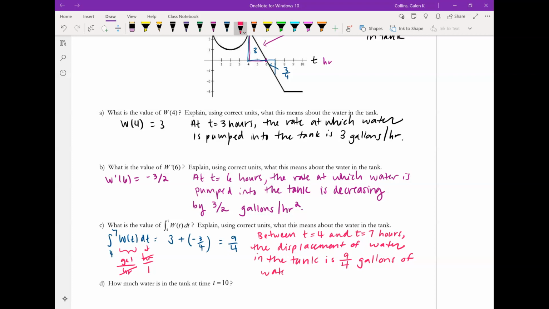So another way of explaining that is to say that the amount of water in the tank increased by 9/4 gallons of water.